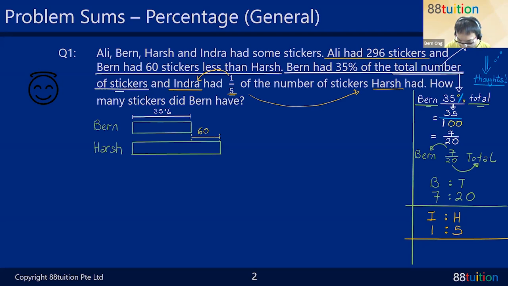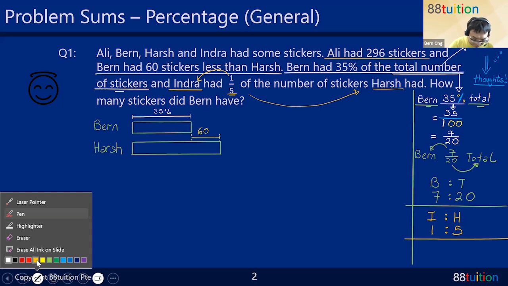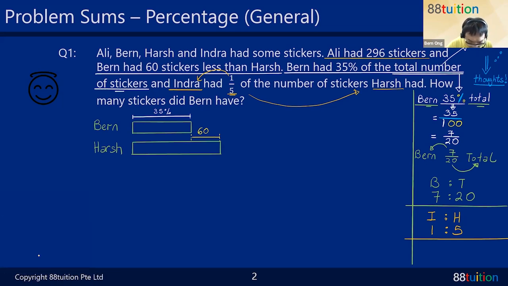Okay, slowly. Read a little bit more. Indra had 1/5 of the number of stickers Hush had. So down here is a very important clue. Indra has 1/5. But how do I cut Hush into 1/5?